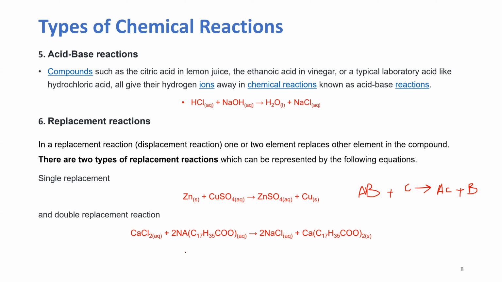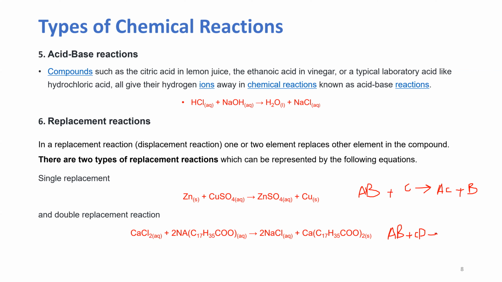Now, in the double replacement, what will happen here is that you will take it like this is the A and B plus there is the C and D, right?